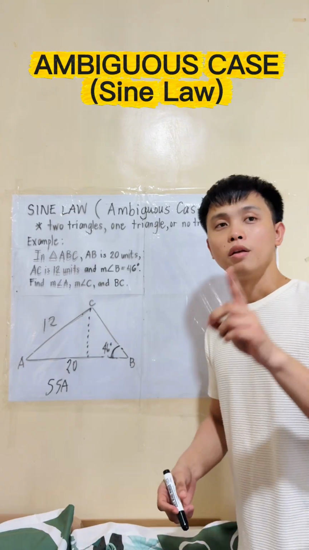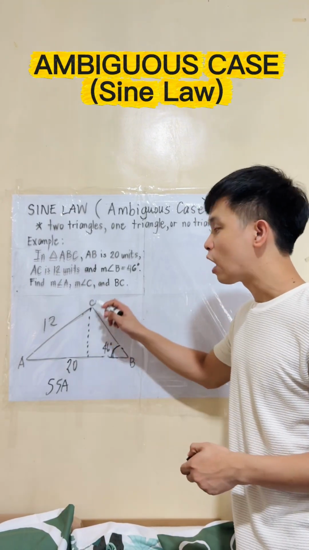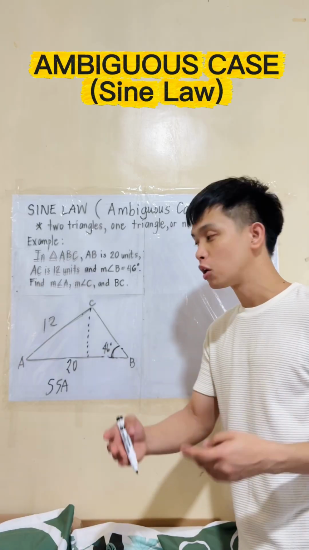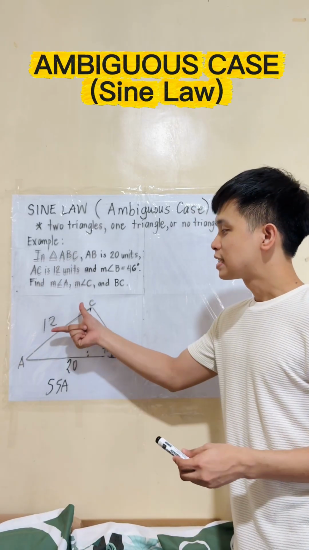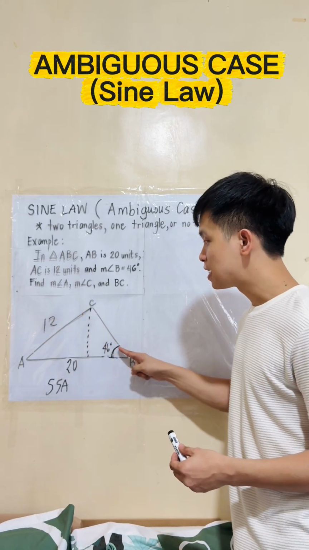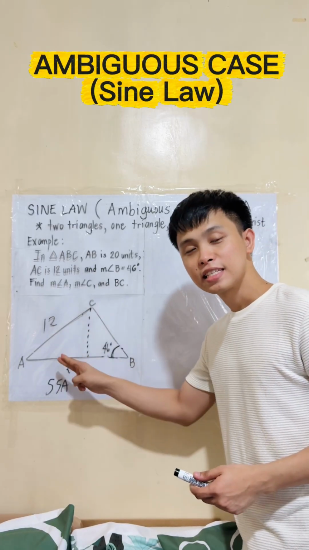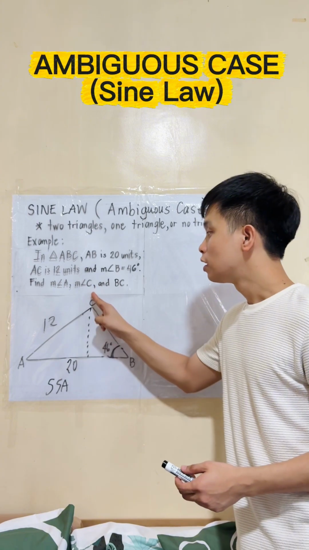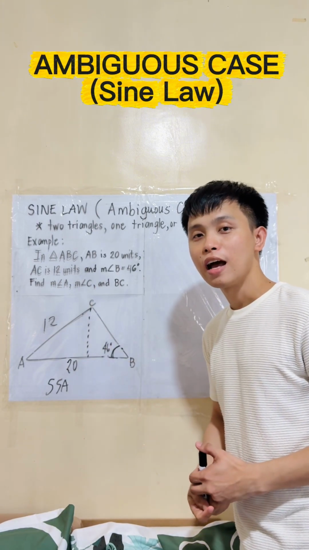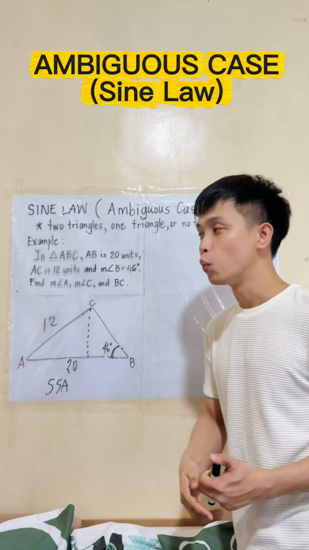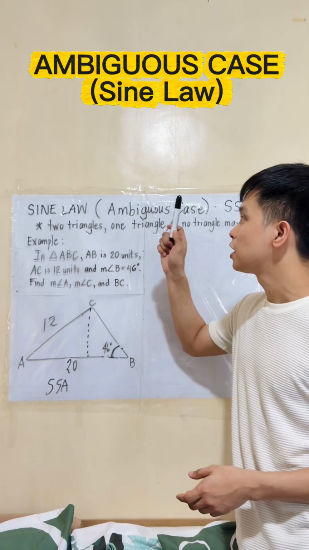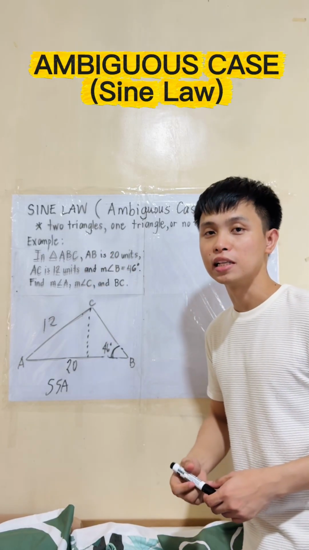First, let us determine the measure of our perpendicular height so that later we can compare whether side B, which is the side opposite angle B, is greater than, less than, or equal to the given perpendicular height. Because that will tell us whether we'll have two triangles, one triangle, or no triangle existing.